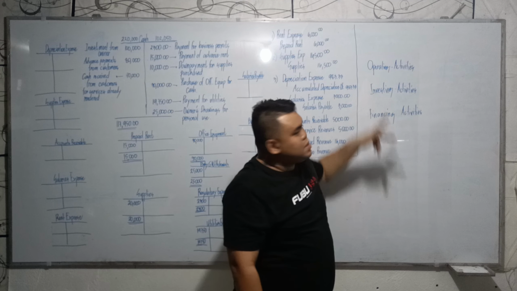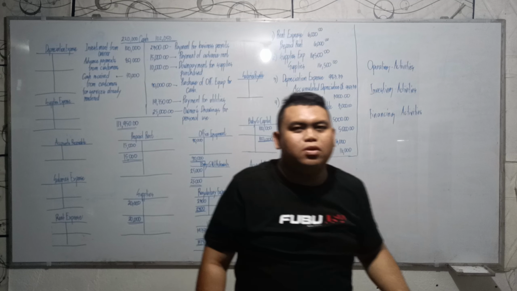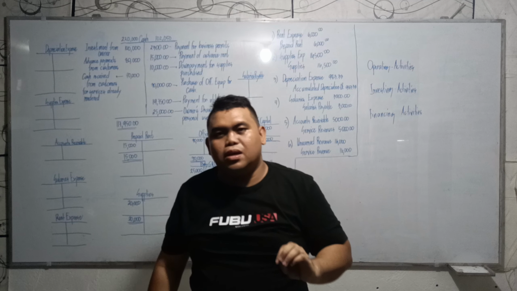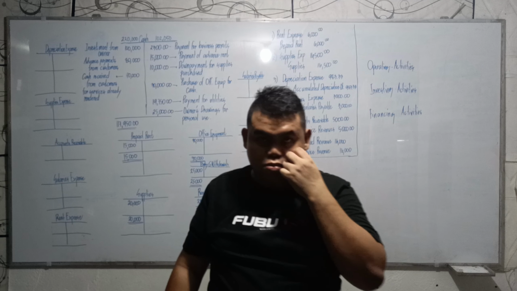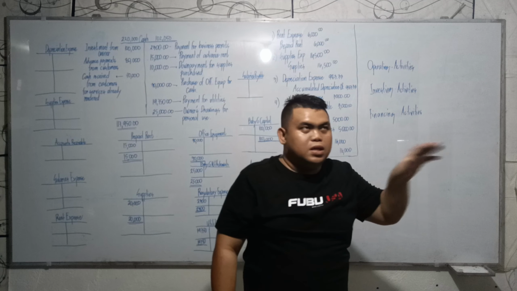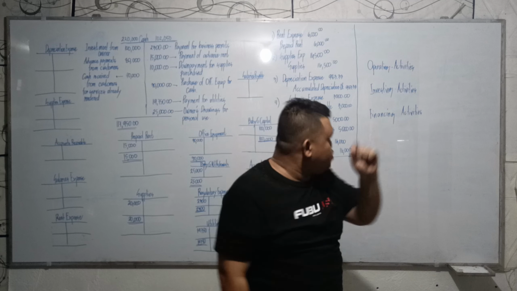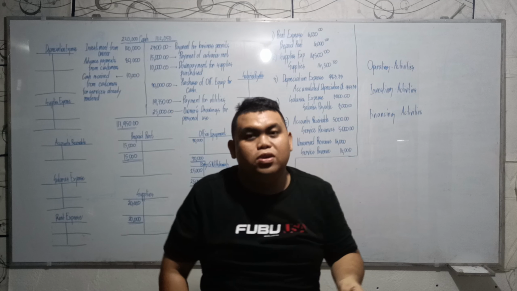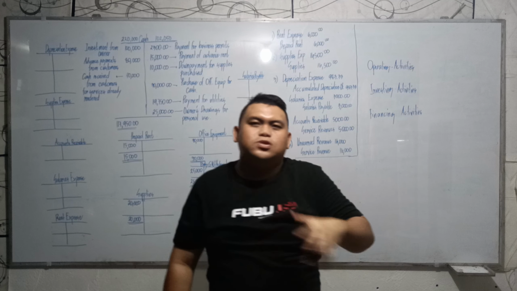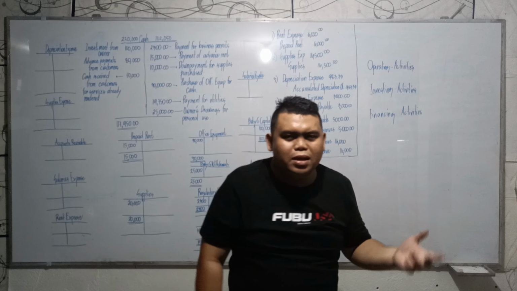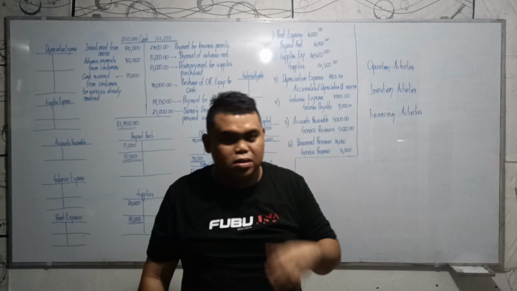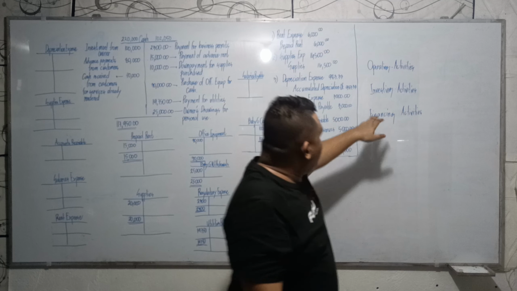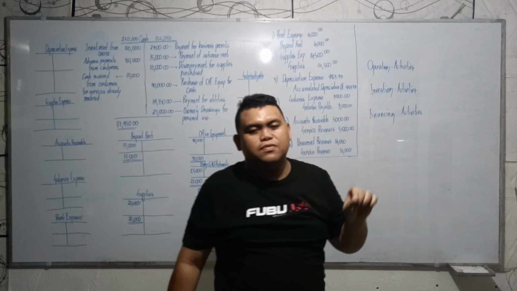Okay? On the investing activities, it's not related to the operations, but you are investing in order to earn more. Okay? Even if it's not related in the operations. And normally, these investing activities are tied up with your non-current assets. Like when you purchase land, when you purchase building, those are considered as investing activities. That is why I have a definition for investing activities.